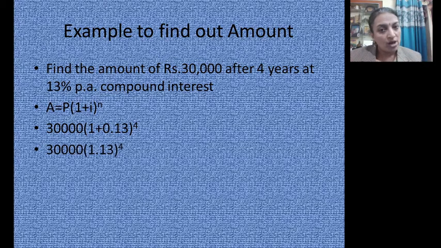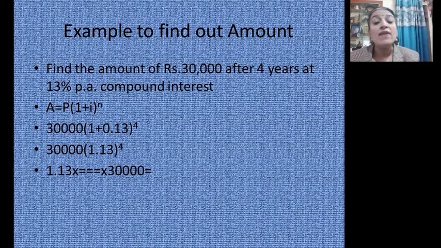Then 30,000 in the bracket, 1 plus 0.13 becomes 1.13, raised to the power of 4. So here we have to calculate the power. 1.13 into 1.13 into 1.13 into 1.13. You have to multiply it 4 times.